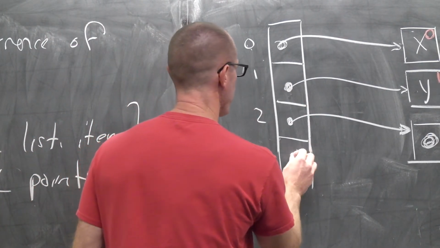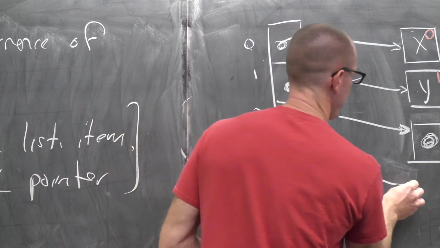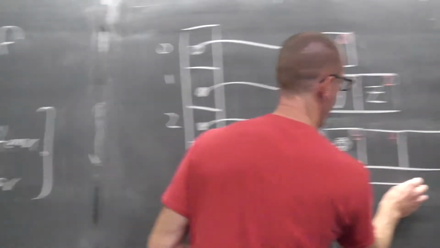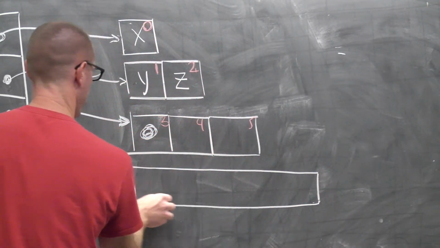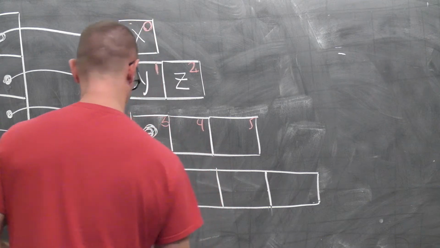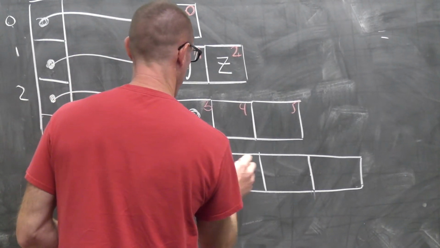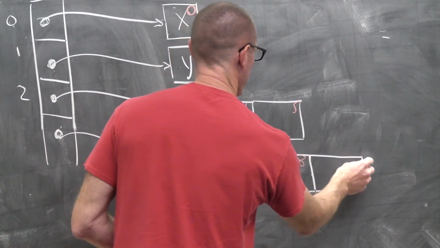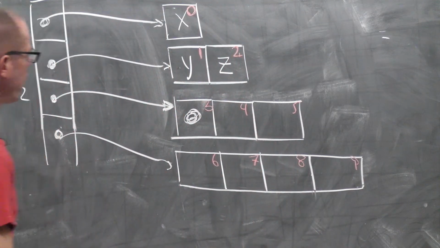If we need another array, then this would be 6, 7, 8, 9, and so on.